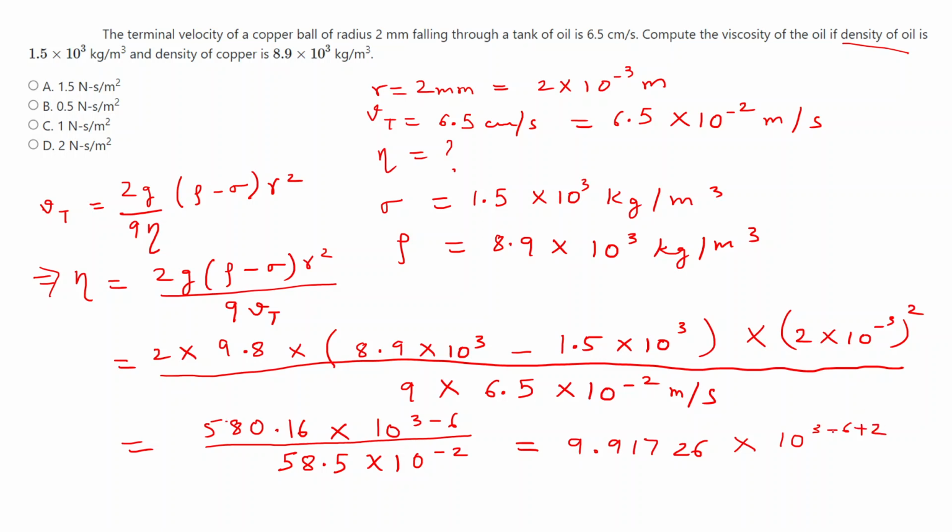This means 10 to the power minus 1, means this decimal point will come to the left, 0.99173, or up to whatever decimal digit. This can be rounded off to 1 Newton second per meter square. So the correct answer here will be option C. Should be the correct answer for this question.